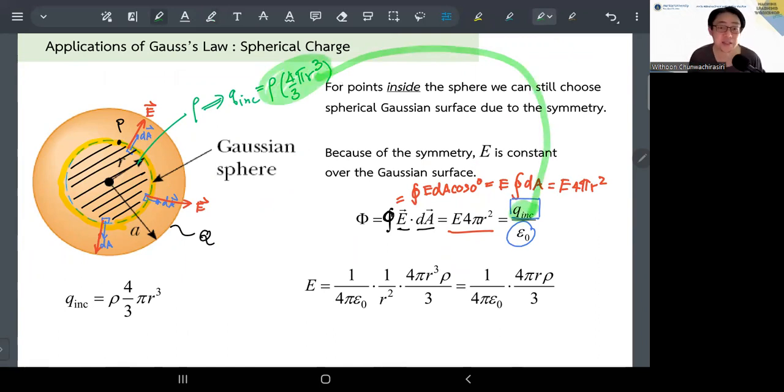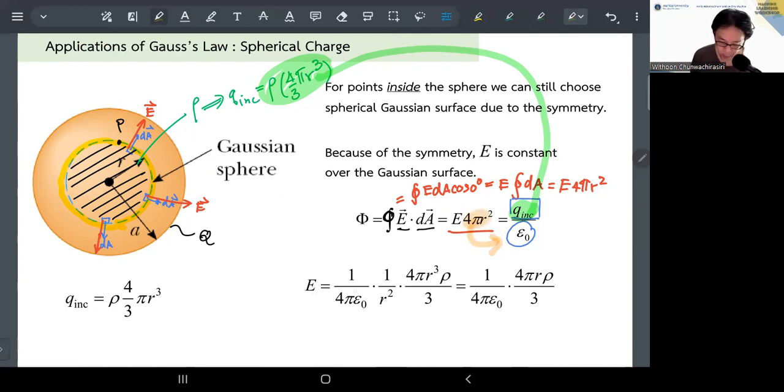That's how easy it is to apply Gauss's law. Whatever charge stays outside of this Gaussian surface, you don't care. Okay, that's it. Plug it in. So you have 4 pi r squared, which you can move to the right-hand side as usual.